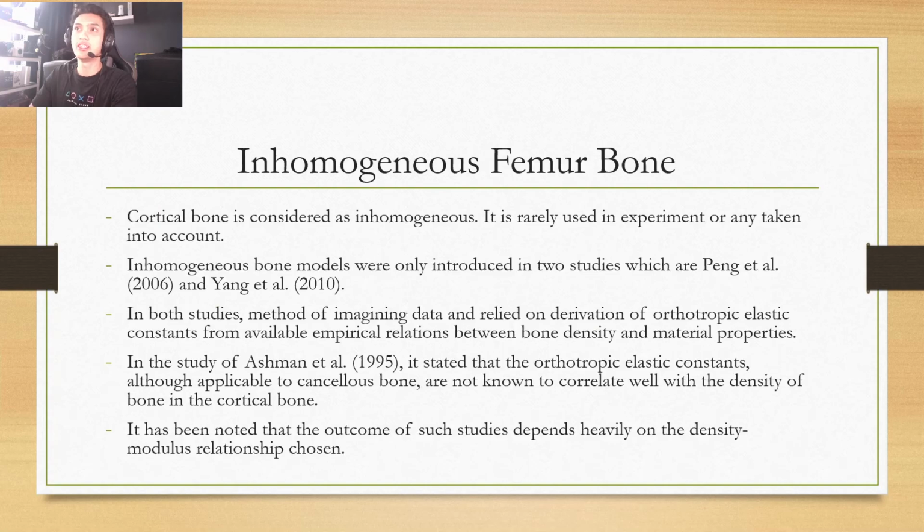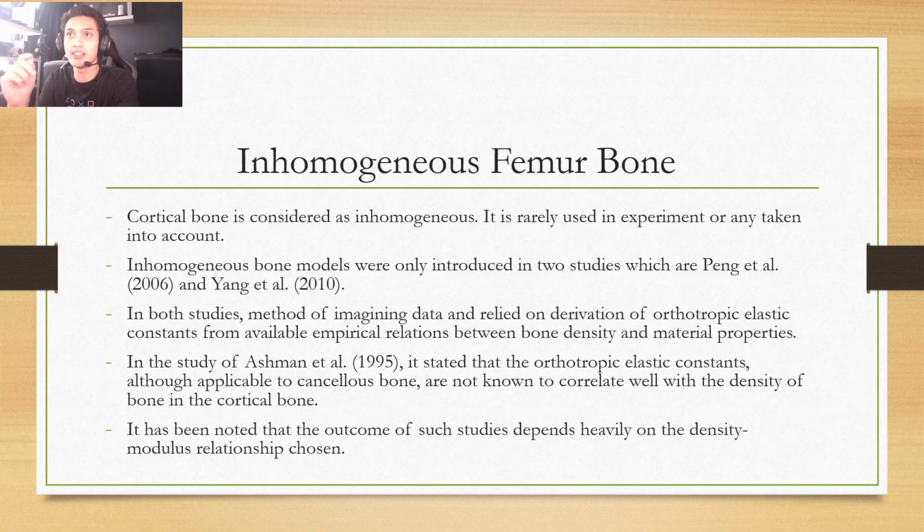So we will go to the literature review. The first one is the inhomogeneous femur bone. As we can see, I am taking two or three articles to compare their studies, which are Peng and Young 2006 and Young 2010. In both studies, they imagine data relating the variation of orthotropic elastic constants from available empirical relations between bone density and material properties.